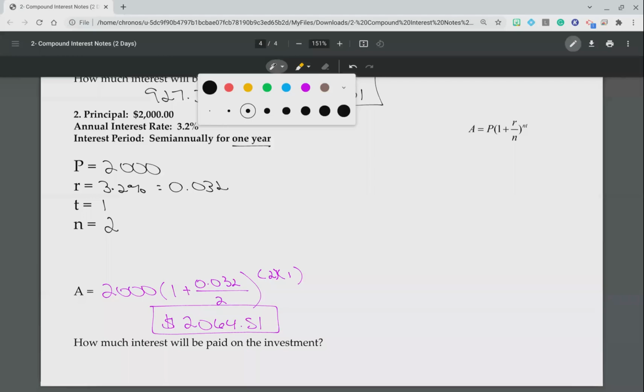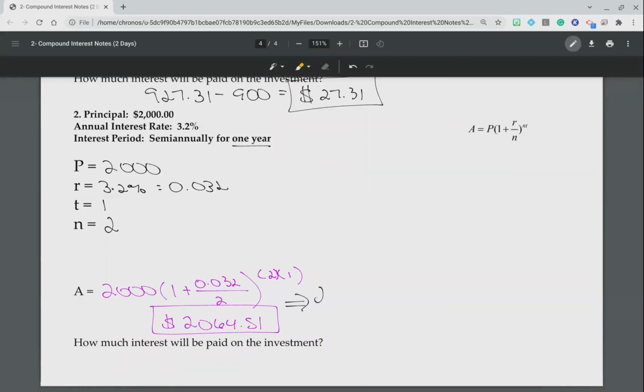All right, for those of you not using a graphing calculator, let's figure out what 0.032 divided by 2 is. I got 0.016. So then that's going to be 1.016 when I add those together.